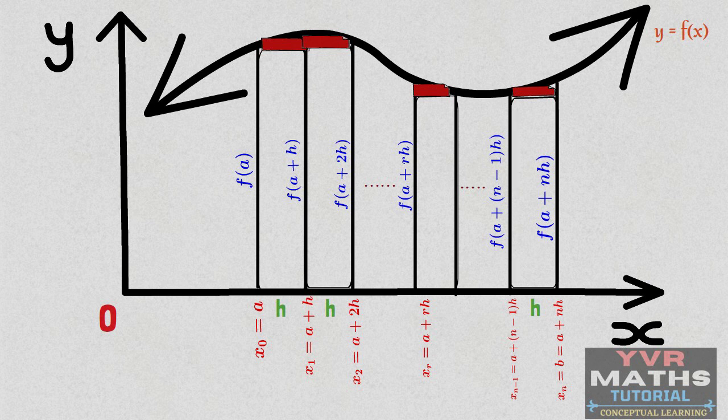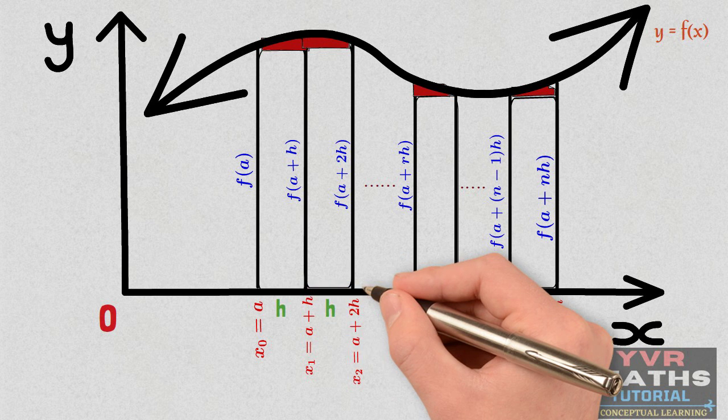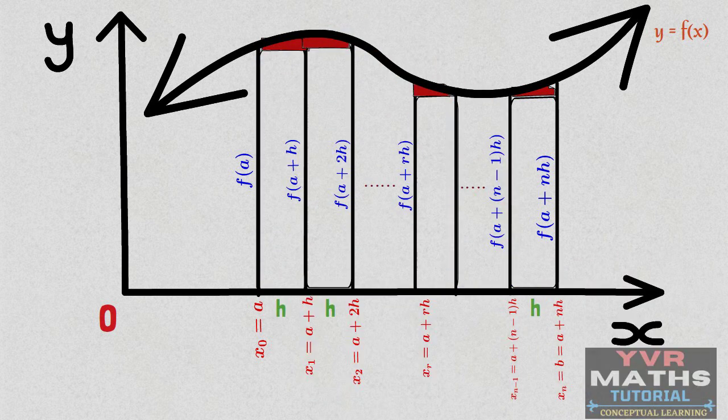So to get exact area of this region, what to do? When the number of rectangles increases, the approximation gets closer. That means clearly Sn denotes the area which is close to the area of the region bounded by the curve y is equal to f of x, the x-axis, and the ordinates x is equal to a, x is equal to b.